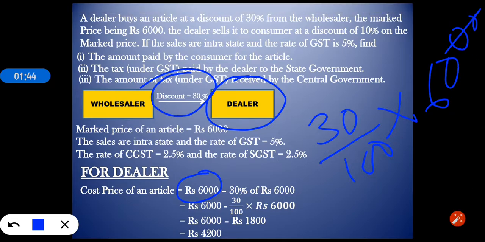So 20 gets cancelled with 20. 30 into 60 is equal to 1,800. Your mark price is rupees 6,000. When I subtract 1,800 from 6,000, I'll get 4,200.